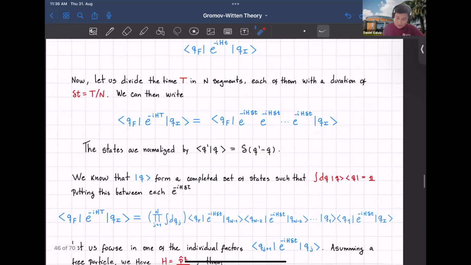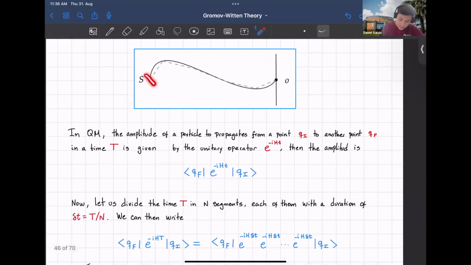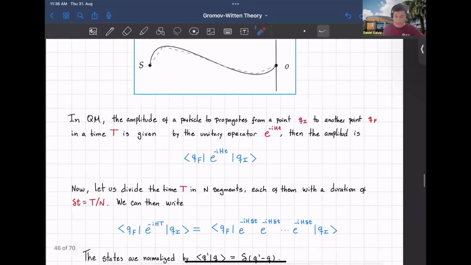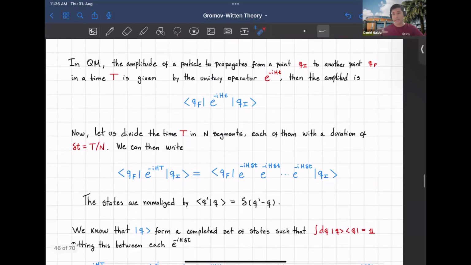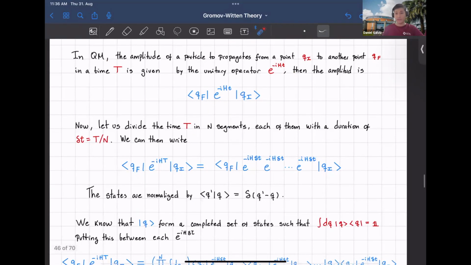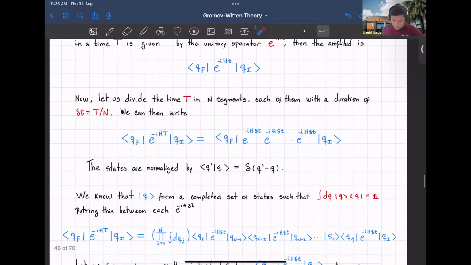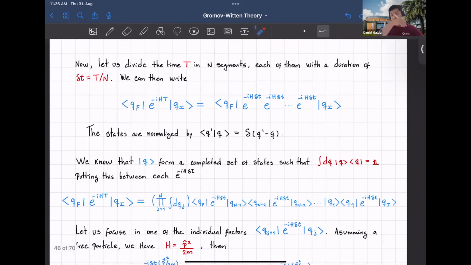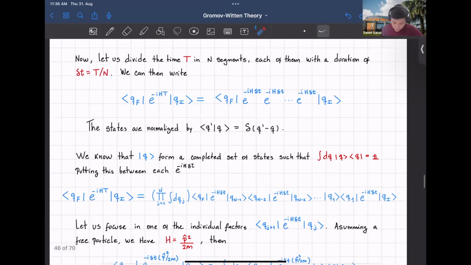Why? Because we want to compare this state with this state, this state with this state, n times. And then we say that n goes to infinity, so you have infinitely many little points describing all our path.